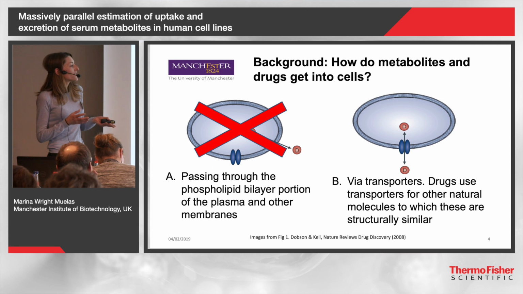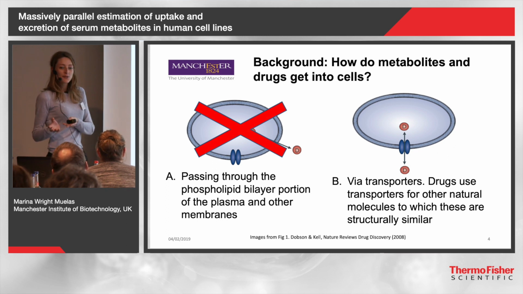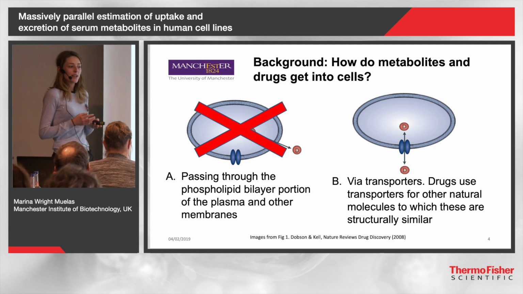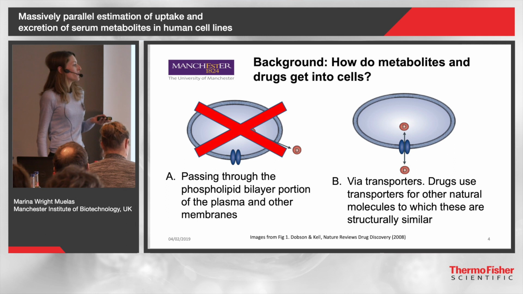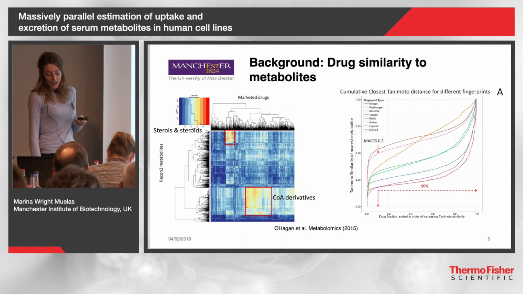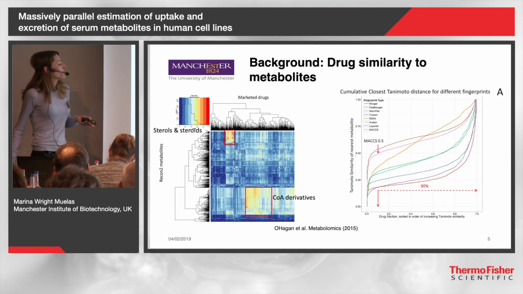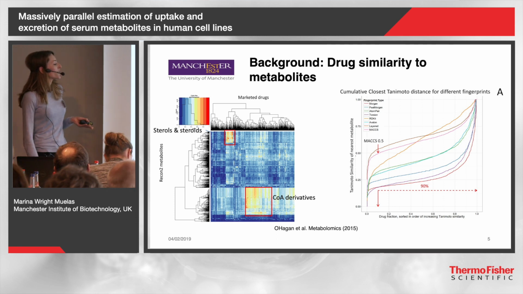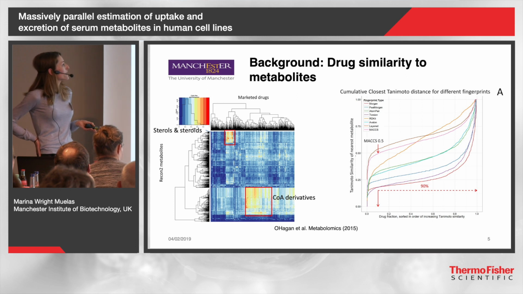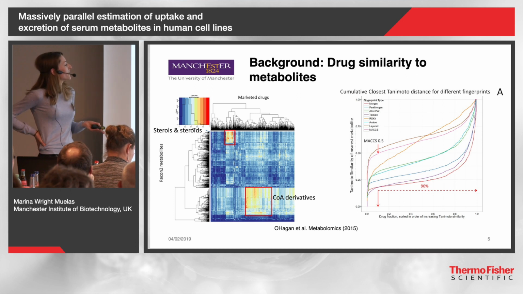So it's no surprise then to find that the majority of pharmaceutical drugs, marketed drugs, are very similar in their structures to a lot of the natural metabolites that you or I have in our bodies. And just to confirm this, my colleagues have done some previous work, looking at the structural similarities of the recon-2 metabolites with the marketed drugs using various encoding algorithms. In this case, it was the MACCS encoding algorithm.